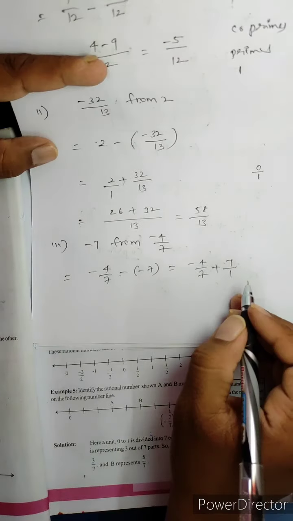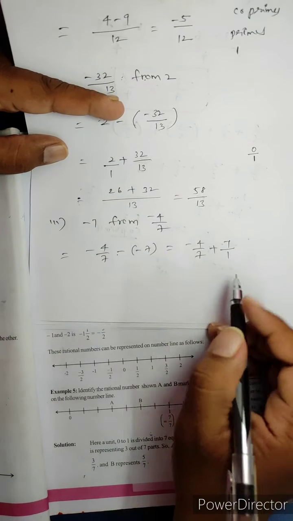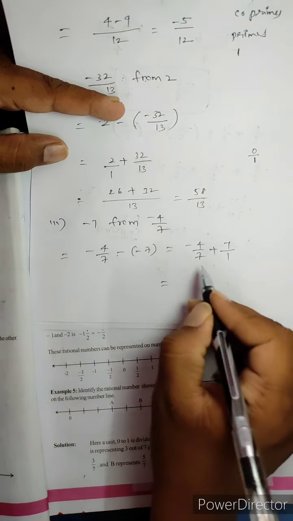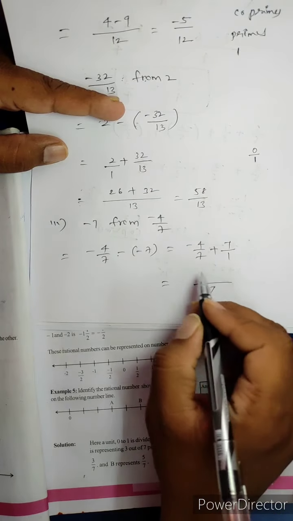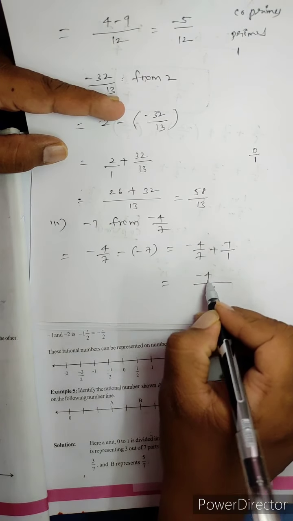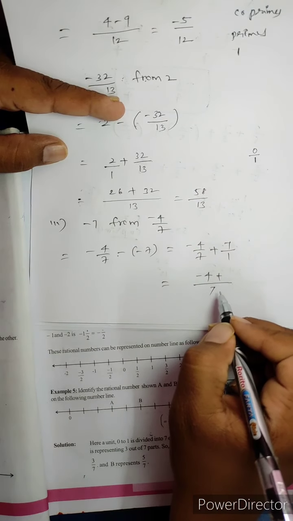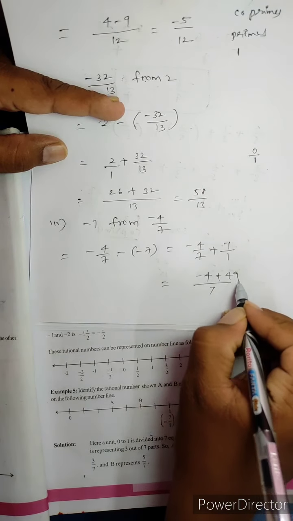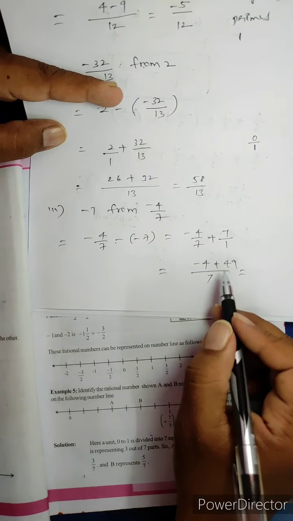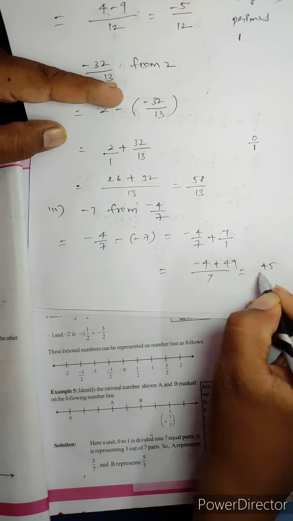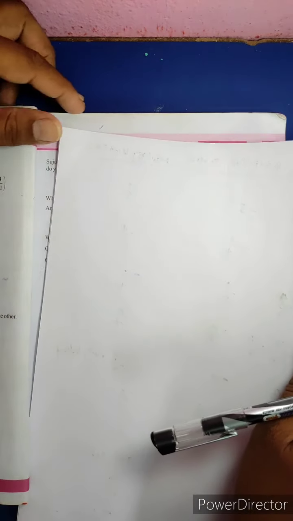There is no number in the denominator place, so we can write 1. 7, 1 LCM is 7. 7, 7 same, so write minus 4 as it is in the numerator, plus 1 7 is 7, 7 sevens are 49. Now the difference of 49 and 4, 45 by 7. Okay, now next, ninth problem.